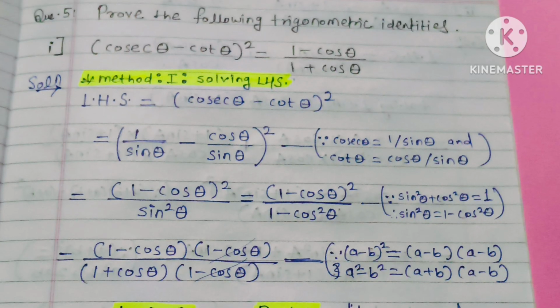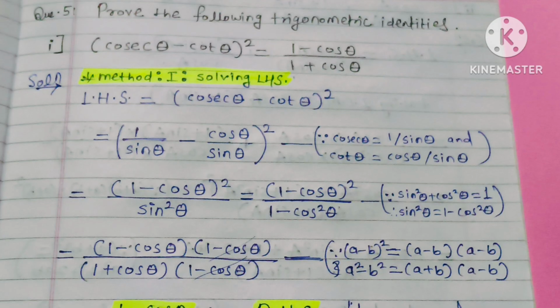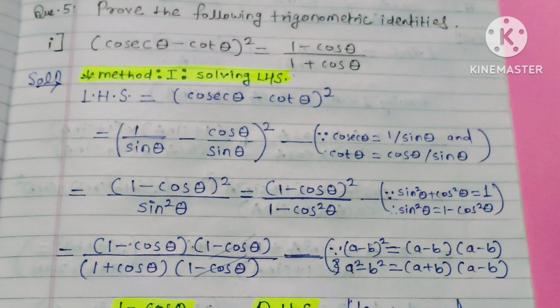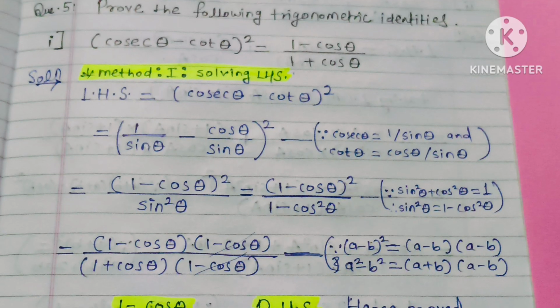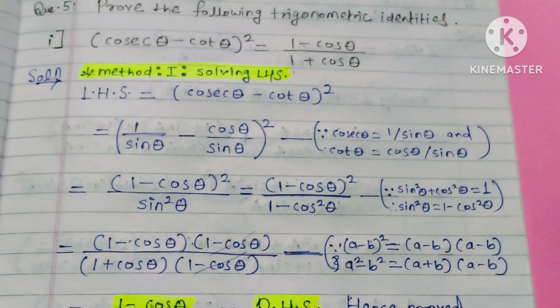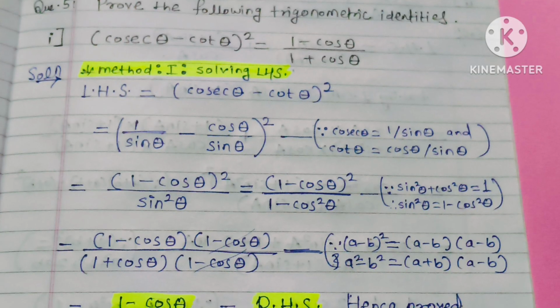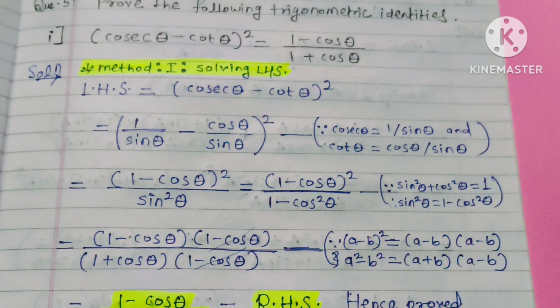Now we know the trigonometric identity sine square theta plus cos square theta is equal to 1. If we shift the cos square theta to the other side, we'll get sine square theta equal to 1 minus cos square theta. So substituting, we'll get (1 minus cos theta) whole square divided by 1 minus cos square theta.